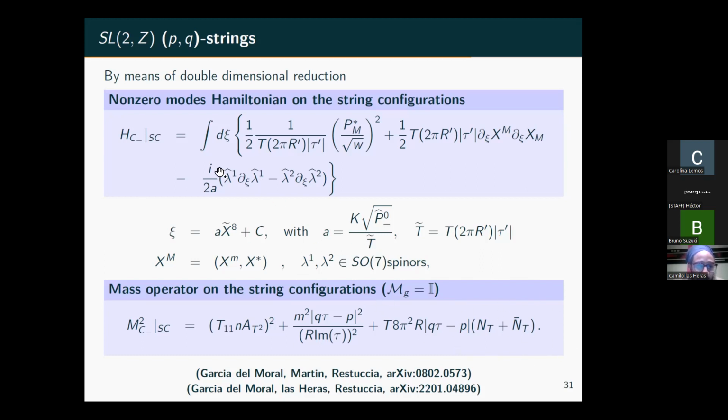I forgot to say that here lambda are SO(7) spinors. In this process, we had to write the Majorana spinors of 11 dimensions in terms of SO(7) spinors.